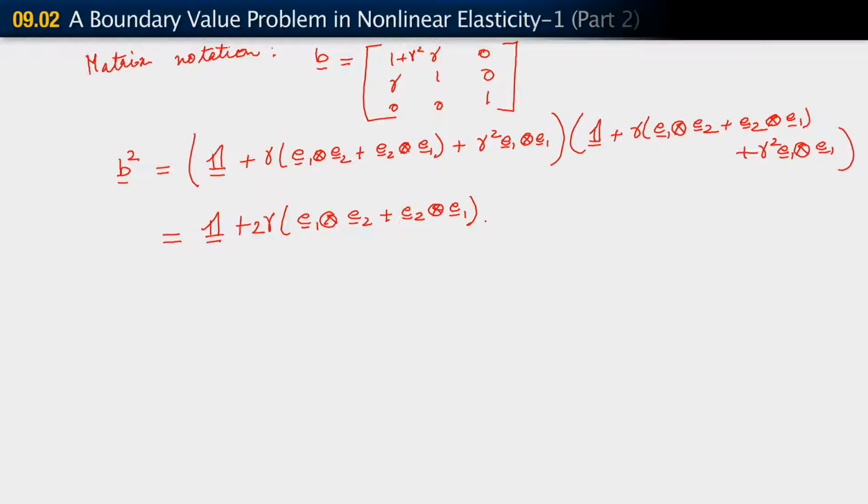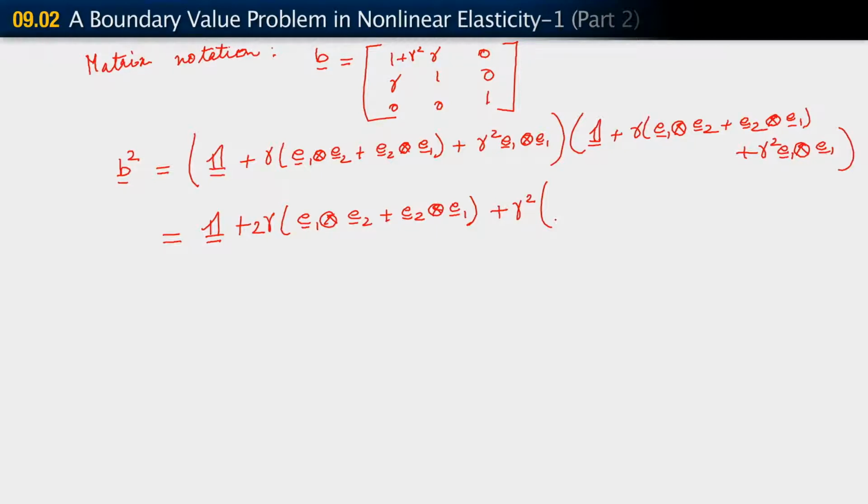We then get a few quadratic terms which are of the following form: gamma squared. The quadratic terms that we pick up here are the following.